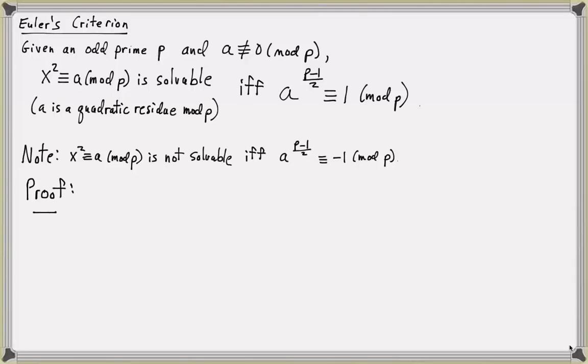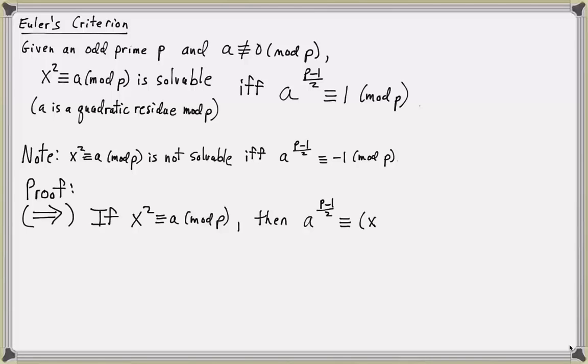So we begin the proof with the forward implication. Let's assume that x squared congruent to a mod p is solvable. So if x squared is congruent to a mod p, then a to the power p minus 1 over 2 is congruent to x squared to the power p minus 1 over 2.